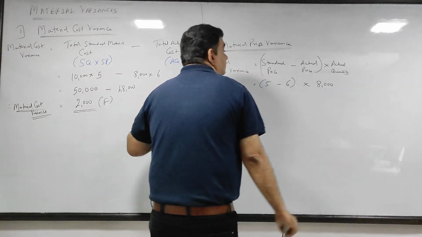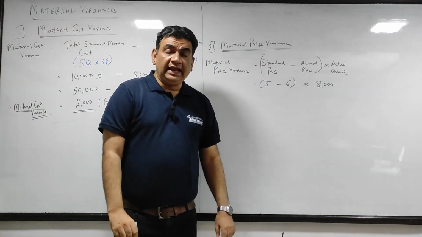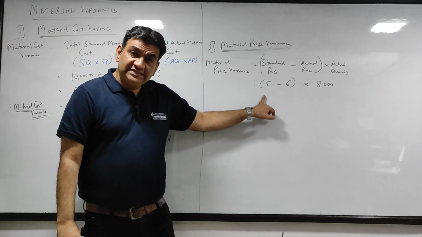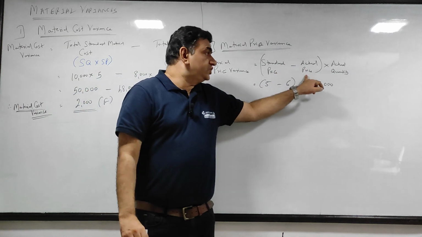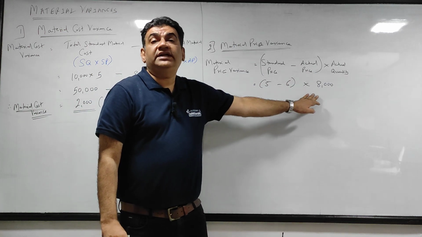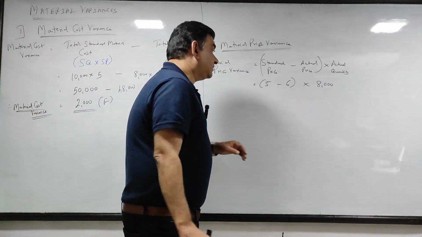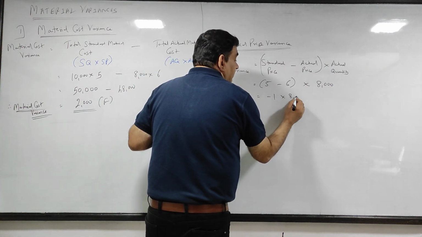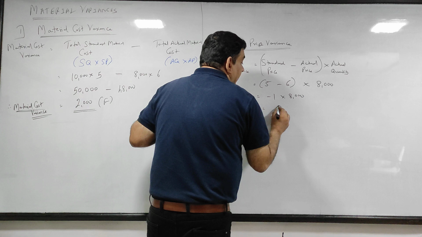Actual quantity is 8,000. Getting it? 5 is my standard price, actual price is 6 and actual quantity is 8,000. Substitute: 5 minus 6. Can I say minus 1 into 8,000?